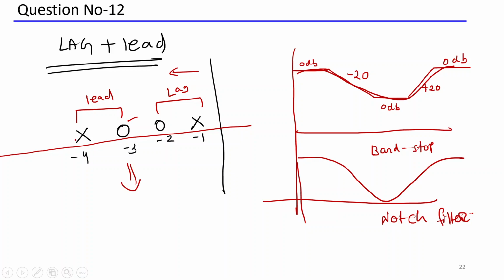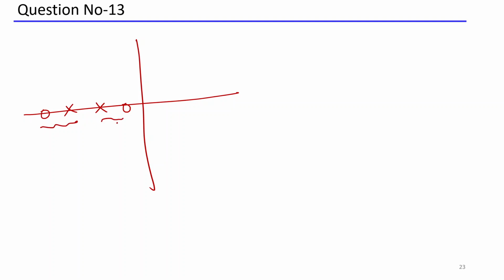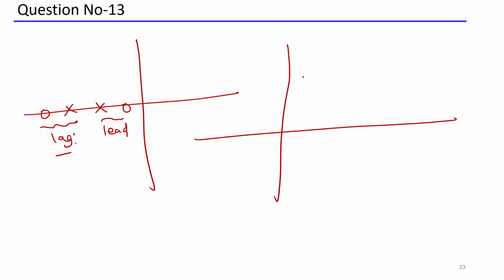Similarly, how will it be for the lead lag compensator? Lead and lag, this is a combination. This is lead, this is lag. Draw the Bode plot. Initially you are having a zero. Let's say I'm starting with 0 decibel here because I want to rise. So +20, I rise here.